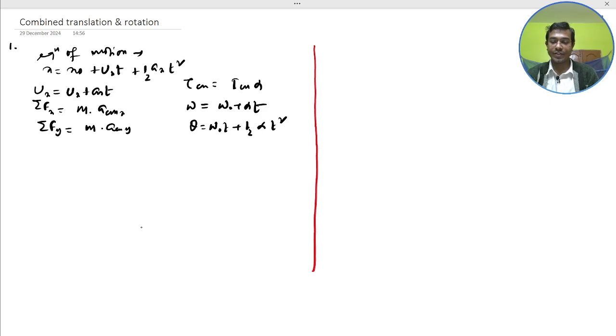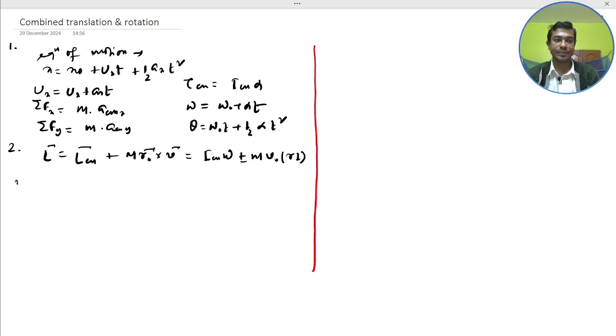Angular momentum in case of combined translational and rotational motion would be L CM plus m r naught cross v. This is written as I CM omega plus or minus m v naught r perpendicular.